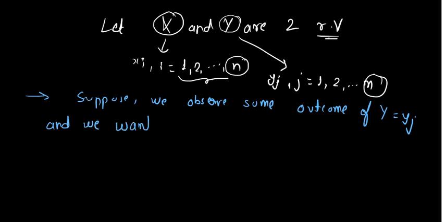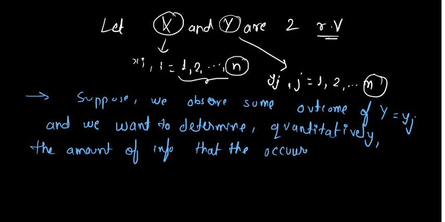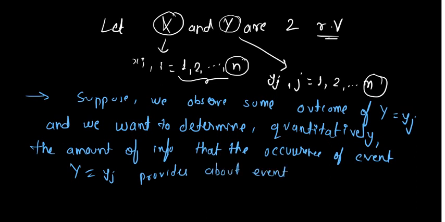And now we want to determine, quantitatively, because we are considering everything about information, the amount of information that the occurrence of the event y equals yj provides about the event x equals xi.